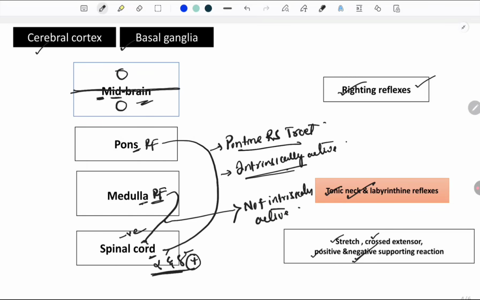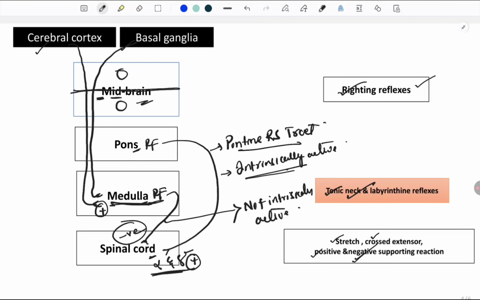That means its activity is dependent upon the facilitatory input it receives from the higher centers, particularly from the cerebral cortex as well as the basal ganglia. So the cerebral cortex and the basal ganglia have a facilitatory influence on the medullary reticulospinal tract, and the medullary reticulospinal tract has an inhibitory influence on the alpha and gamma motor neurons of the spinal cord.